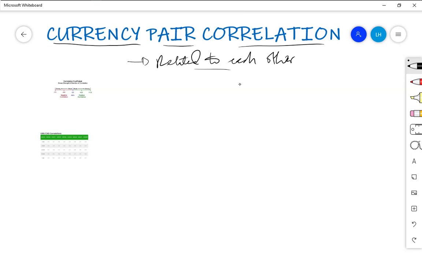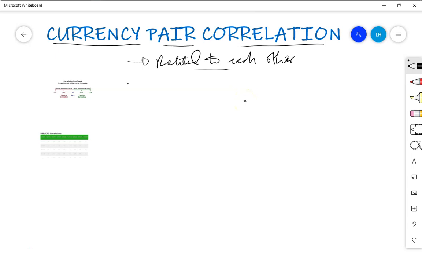In terms of correlation, we have specific terms to describe this, which we'll discuss under types of currency correlation. Here we are only introducing it: correlation is all about relationship, based on the fluctuation of price or value between the two currencies.